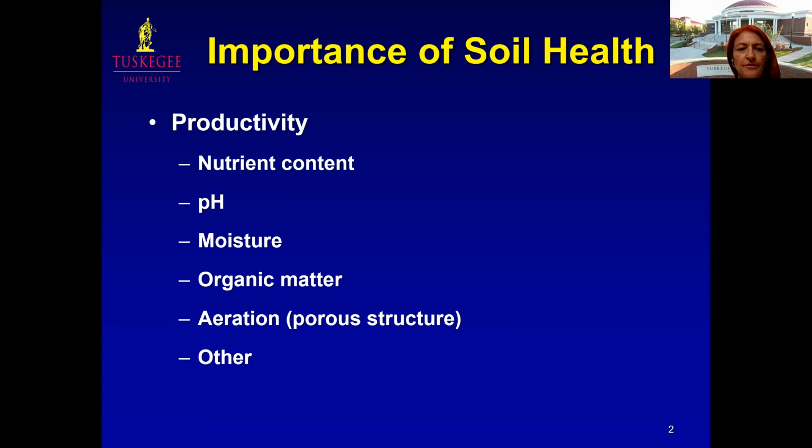That porous structure is very, very important, and that is related to the organic matter content in the soil. So aeration, or porous structure of soil, is important and necessary for air, water, and nutrient movement in the soil. And there are other aspects of productivity and soil health, but we don't have that much time to talk about all those other aspects.